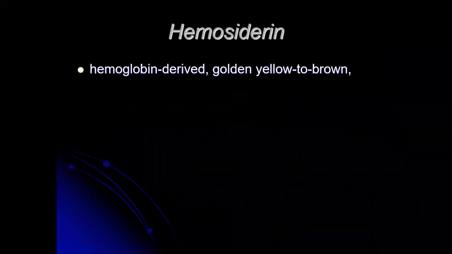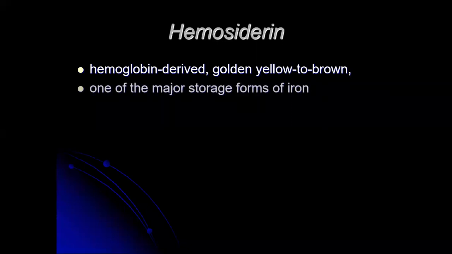Okay, so let me go to another condition referred to as hemosiderin or hemosiderosis. Hemosiderin is a golden yellow to brown pigment that comes as a result of hemoglobin breakdown.